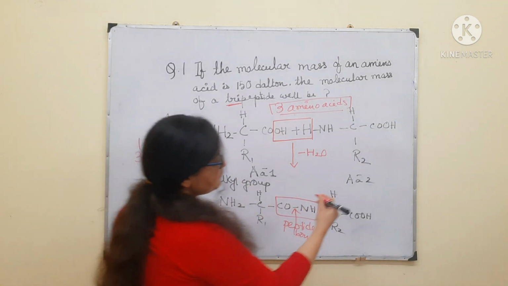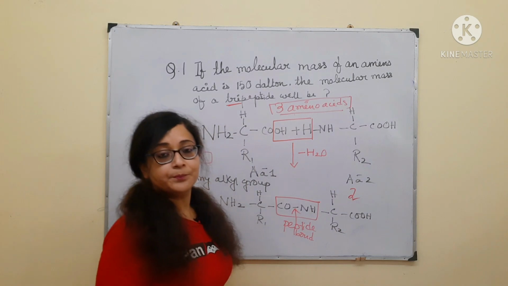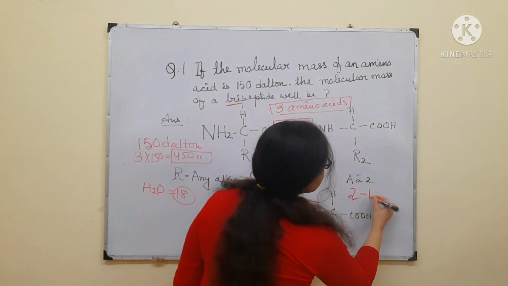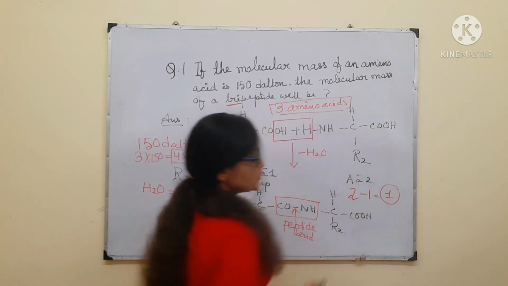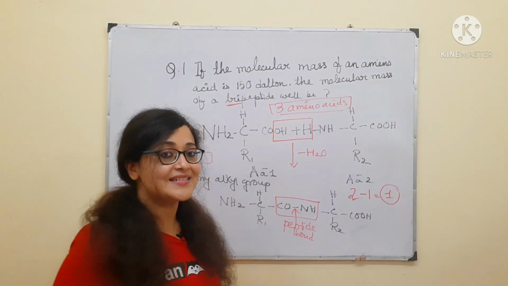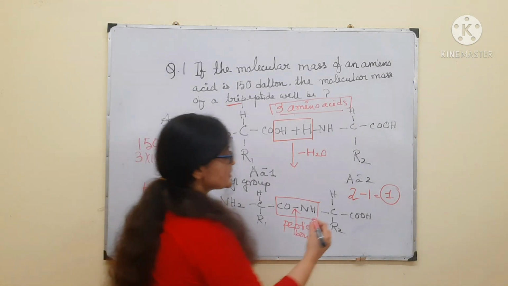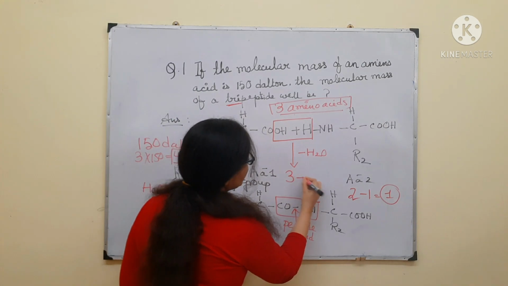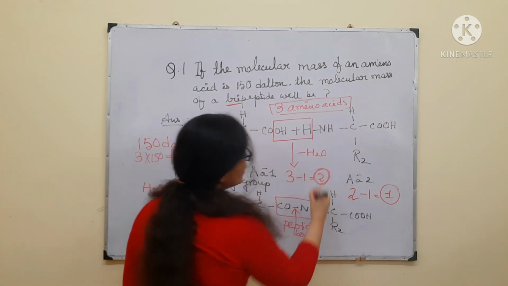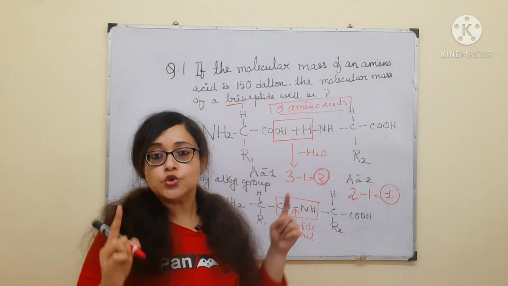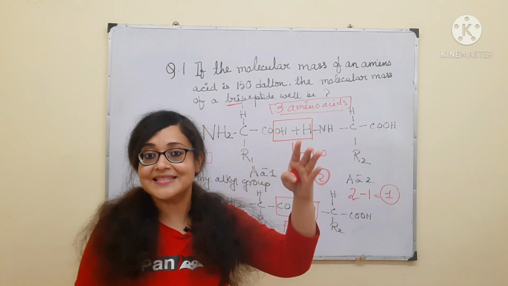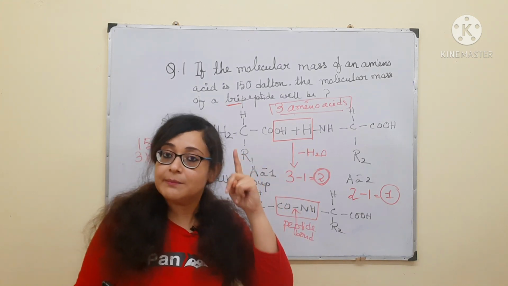If 2 amino acids produce one peptide bond, that means 2 minus 1 is equal to 1. So this is the formula. Then if we are dealing with 3 amino acids, 3 minus 1, that is 2 peptide bonds will be produced. So 2 peptide bonds means 2 water molecules will be released.